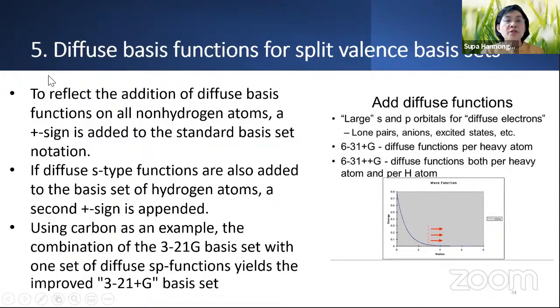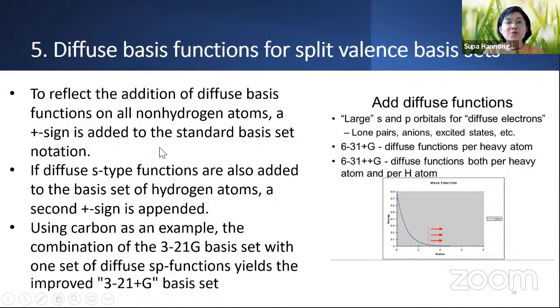Now I will introduce to you the diffuse basis function, again for the split valence basis function. To reflect the addition of diffuse basis functions on all non-hydrogen atoms, a plus sign is added to the standard basis set notation.